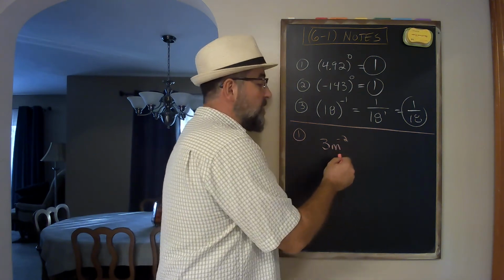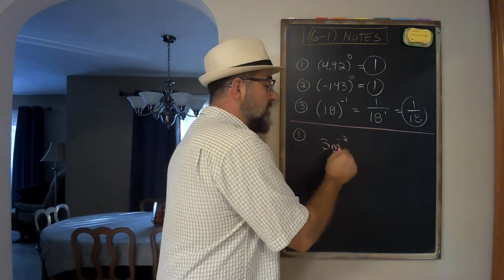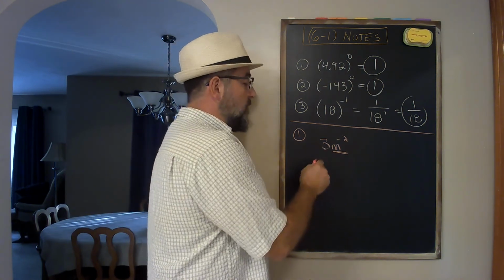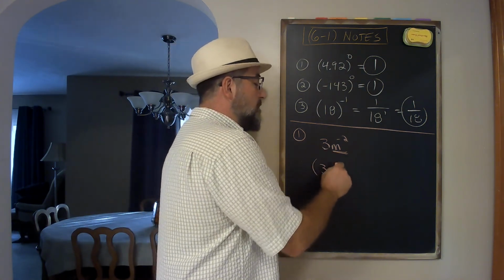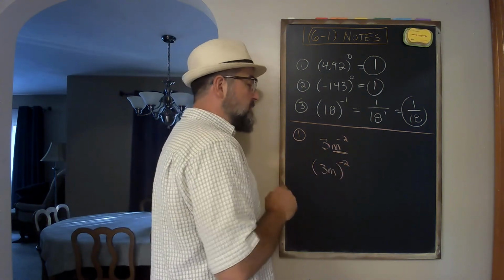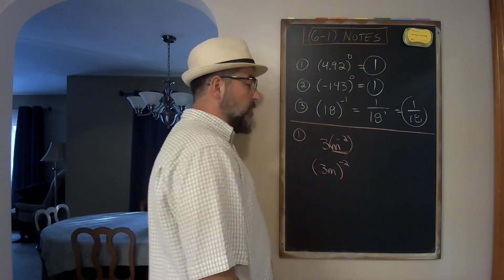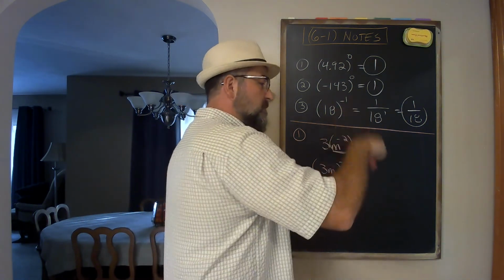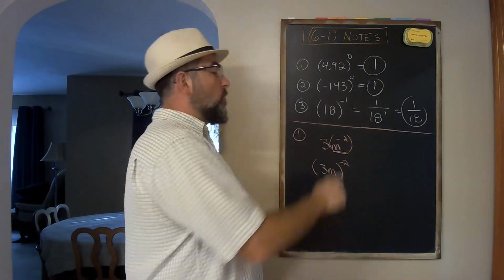That negative exponent is only applied to that base of m. If it was including the 3, you would see 3m in parentheses raised to the negative 2. But we don't see that. So this is the only one that has that exponent of negative 2. So this is the one that's going down in the denominator with a positive exponent.